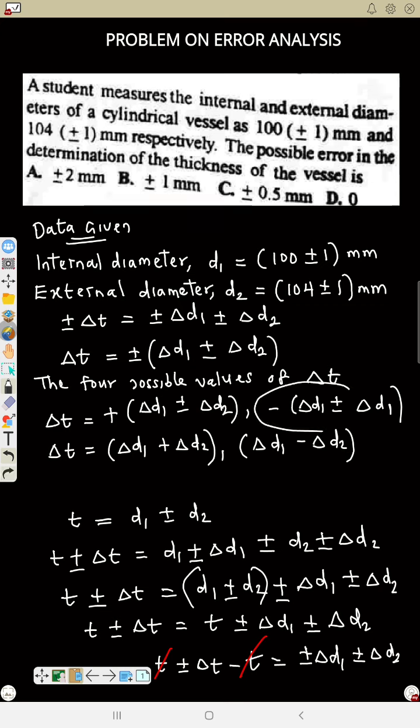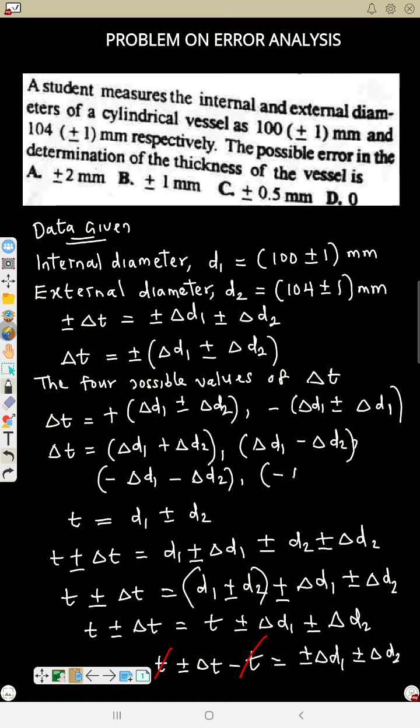Then I'll move to this one also, I'll have two results too because of plus or minus. So this will be minus, because of the minus outside, so minus delta d1, so minus times plus will be minus, minus delta d2, and again minus times minus will be plus.